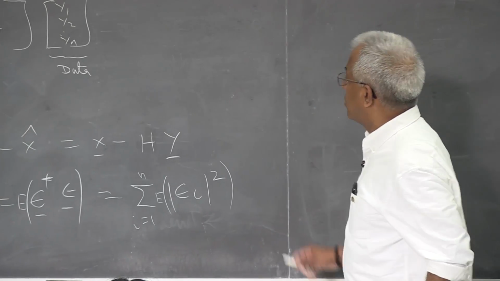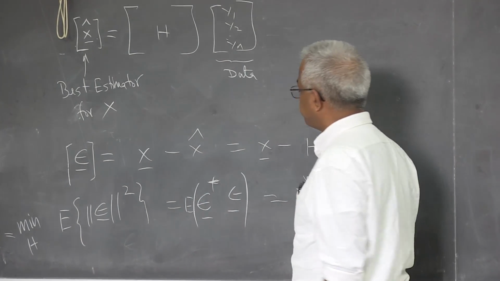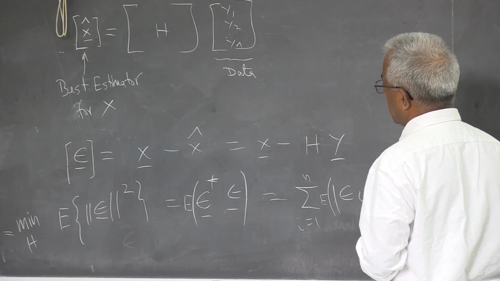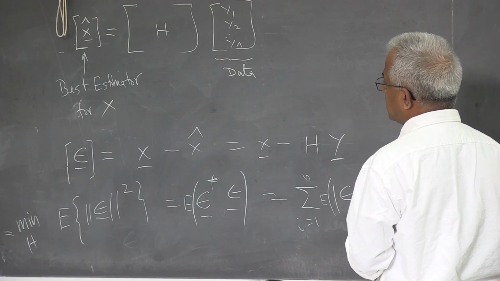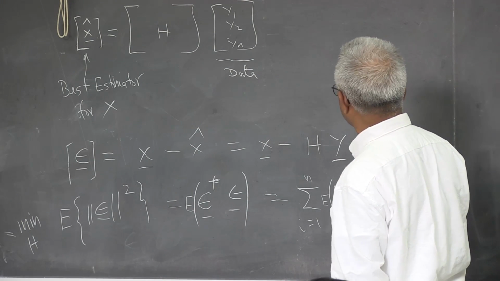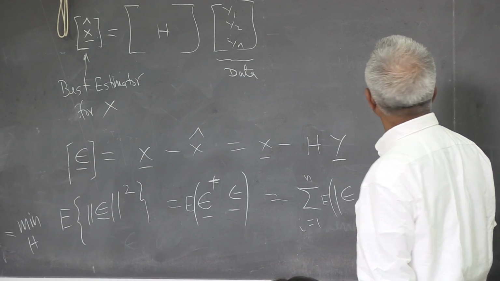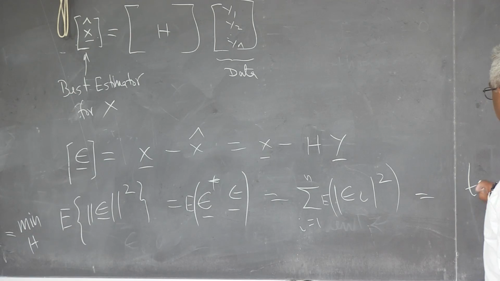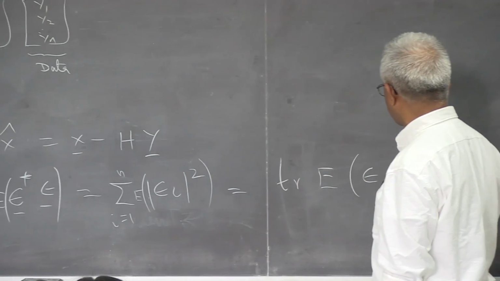Now, if you write it the other way, we can write this in terms of the trace also. So you can also write this as the trace of the expected value of epsilon epsilon star.